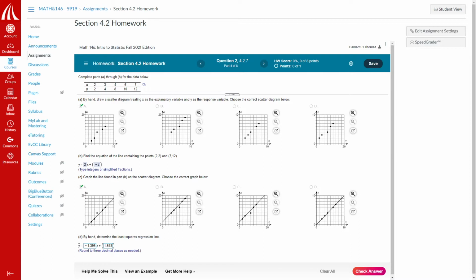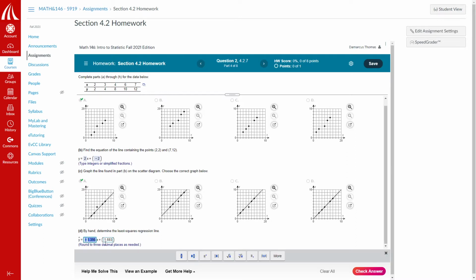We have 1.953 and also negative 1.395. Okay, we got it switched around.